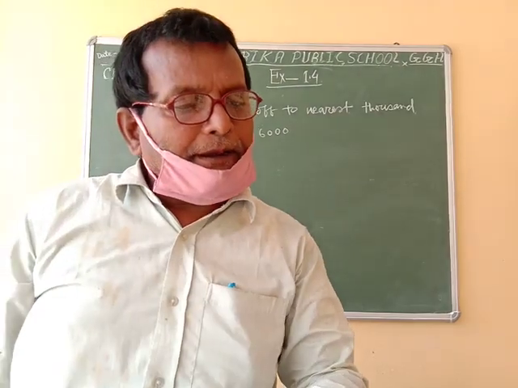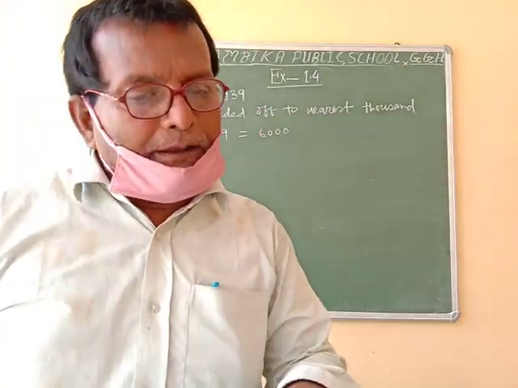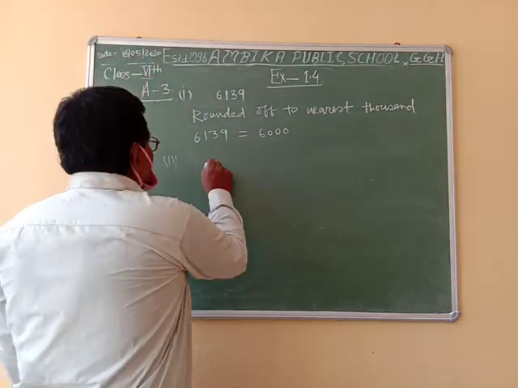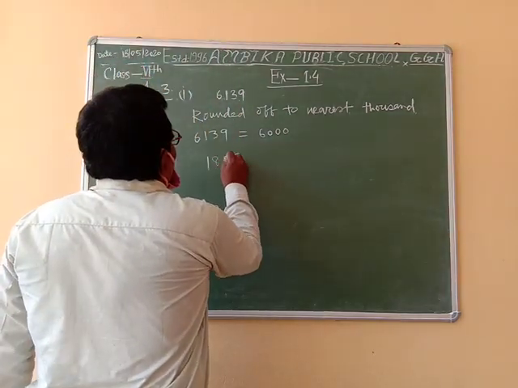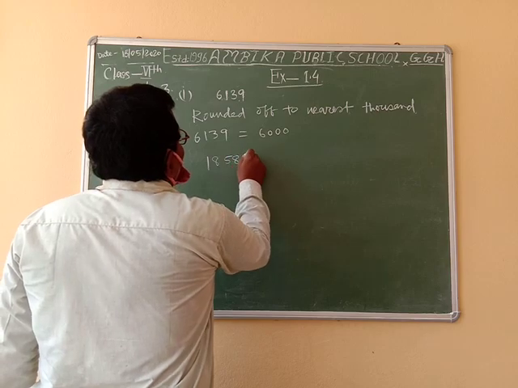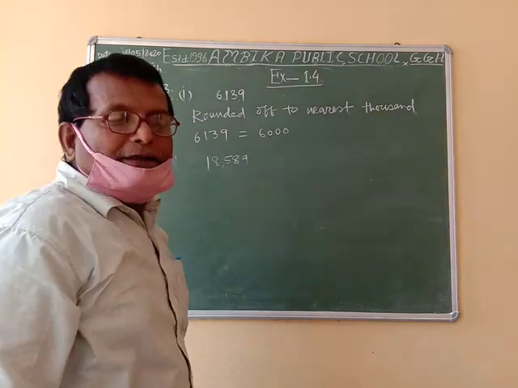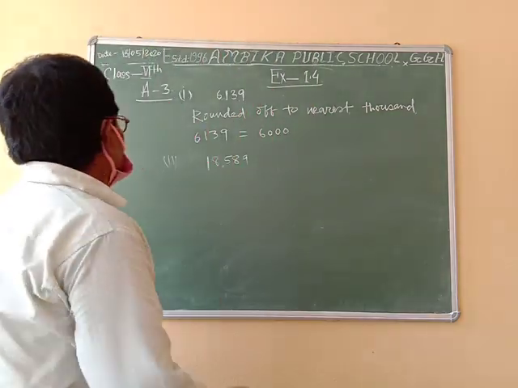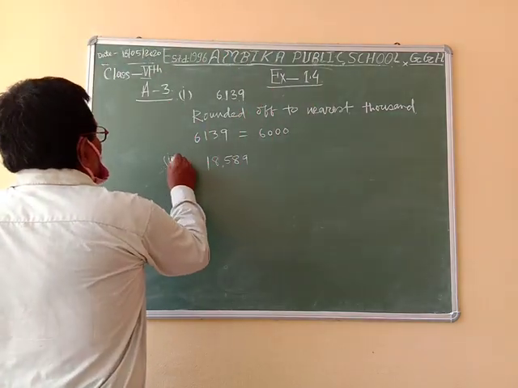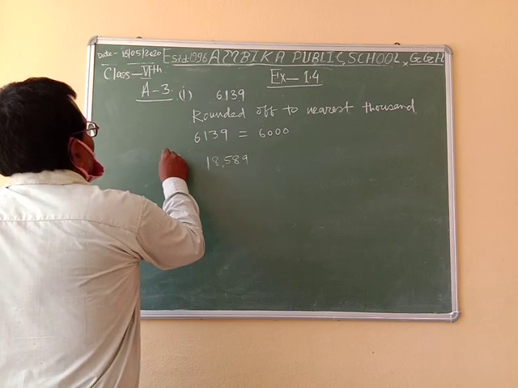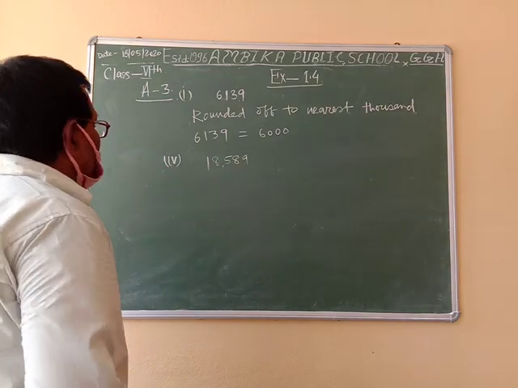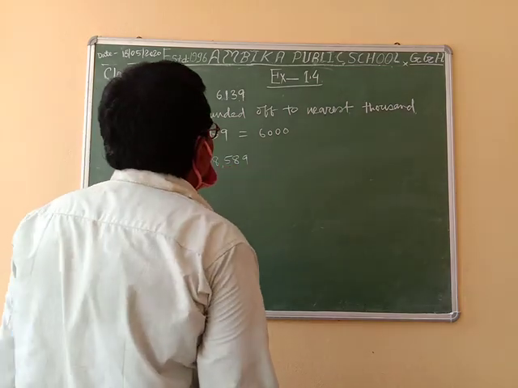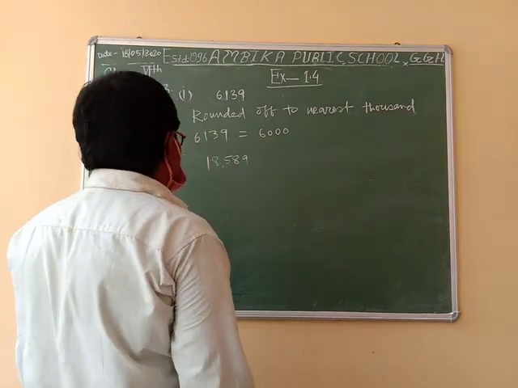Next number of question 3: 18589. The given number is 18589. You have to round off the given number to the nearest thousand.